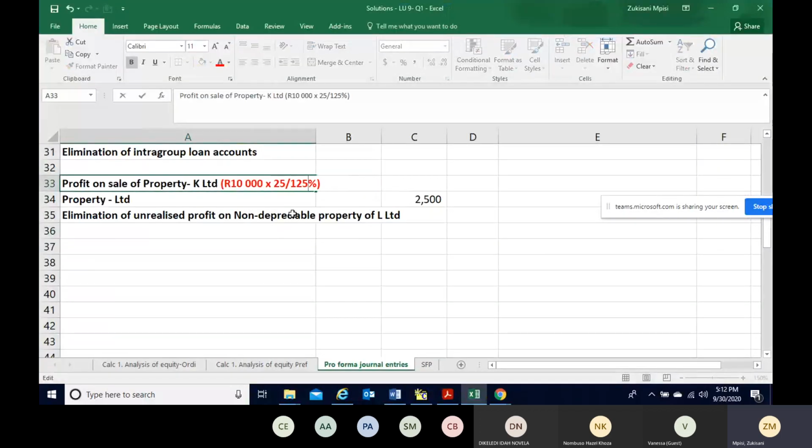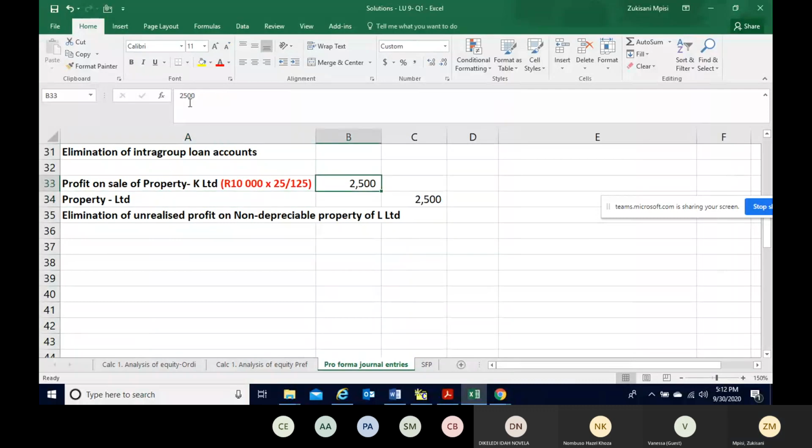As I said, I will try to investigate it further on my side, but I still believe the query is correct. This is supposed to be 25 divided by 125. But we'll come back to this on the next class just to confirm that the principle that we have used is correct.